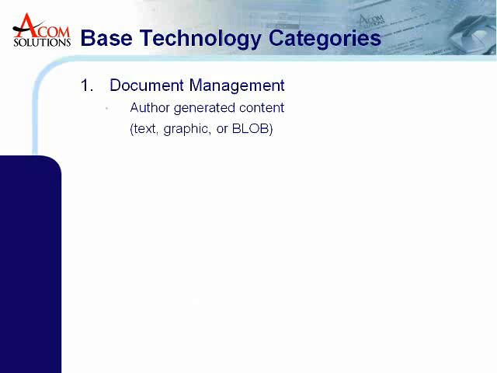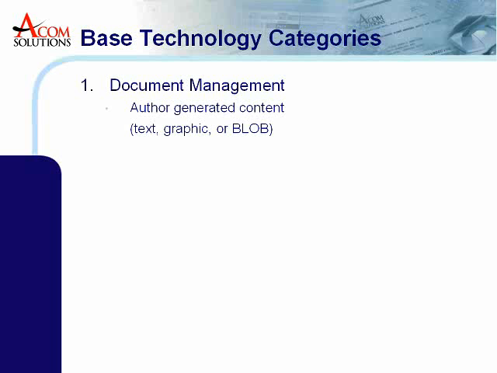Many companies rightfully use document management to describe content management, and there's nothing wrong with that. Traditionally, the term document management was used to describe the management of textual-oriented or author-generated documents. So we have things like Word or desktop publishing systems, or Dreamweaver, something that creates web pages.